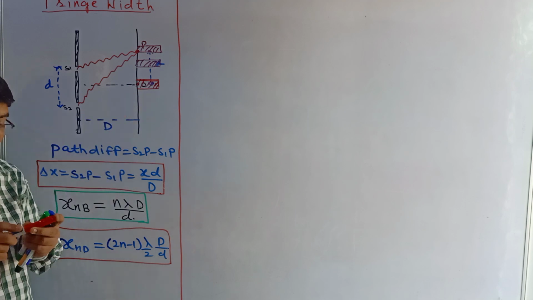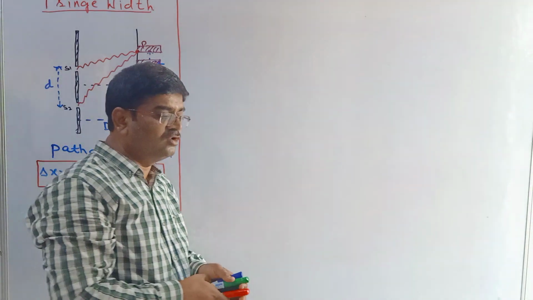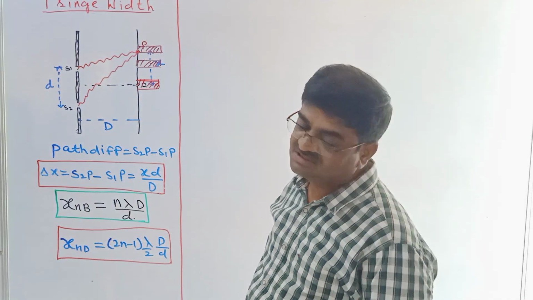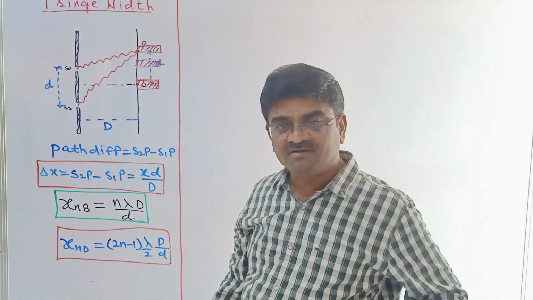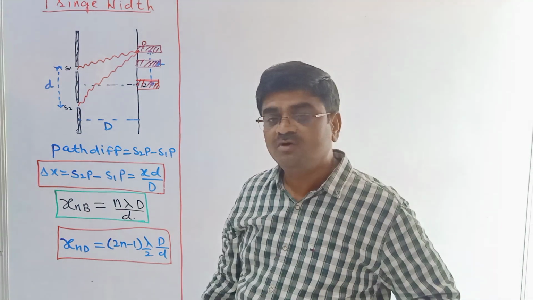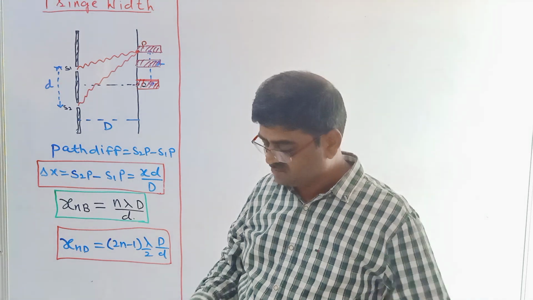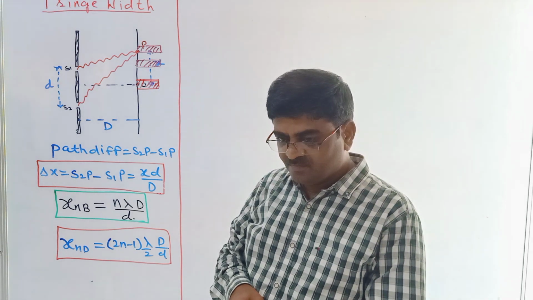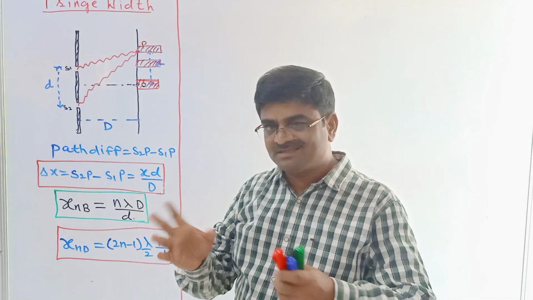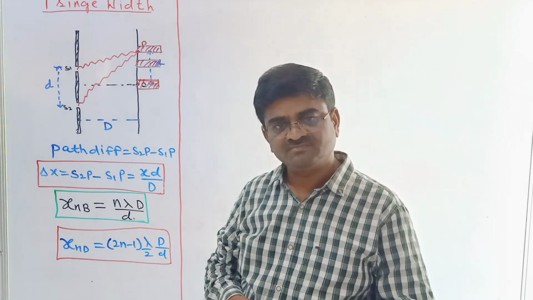So our interest is to know the width of those fringes, whether they are bright or dark. I would like to know what is the width of the bright fringe and dark fringe. For that, by getting a separation between consecutive dark, you will get the width of bright.